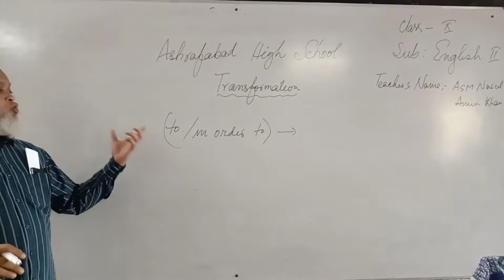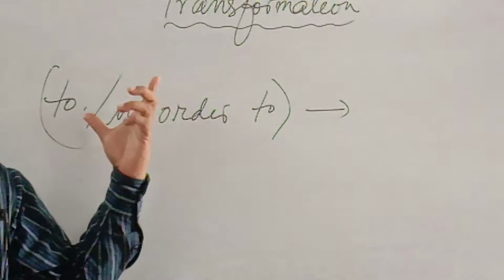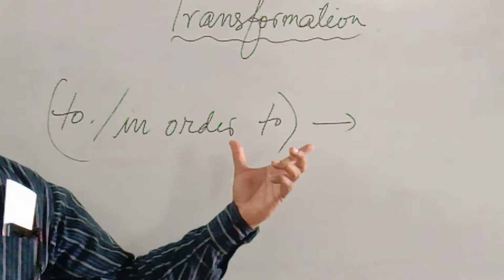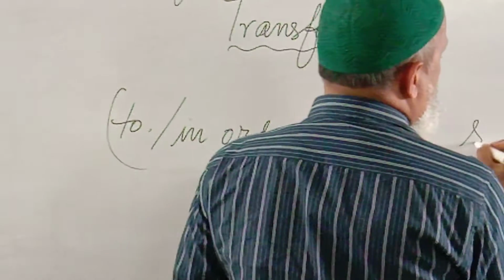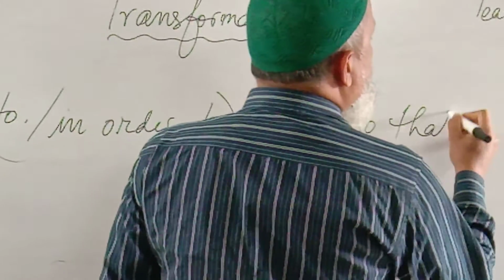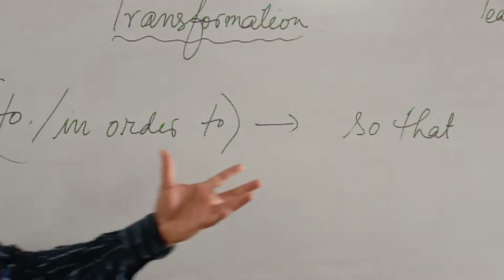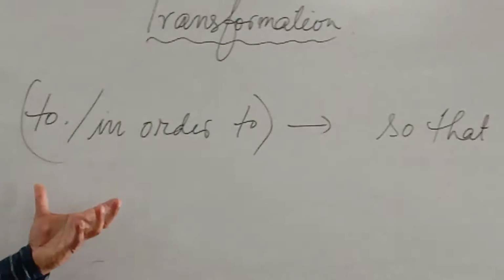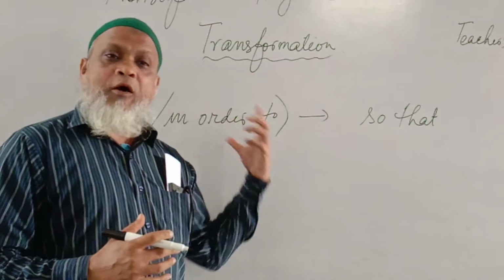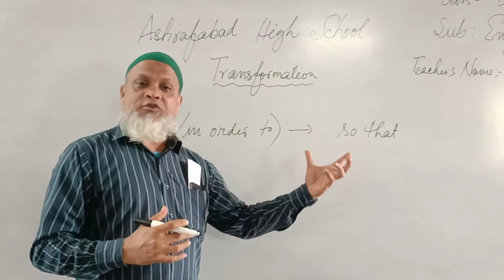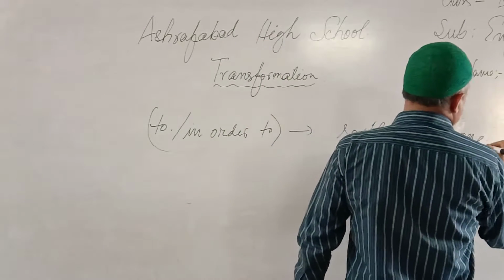And if we find to and in order to in a simple sentence, we will change it into complex by using so that. And if you find so that in a complex sentence and in order to in a simple sentence, we change the complex and simple sentence into compound by using what? And.